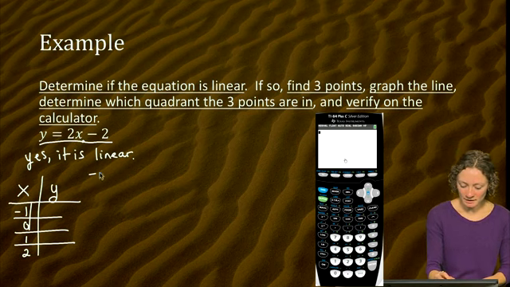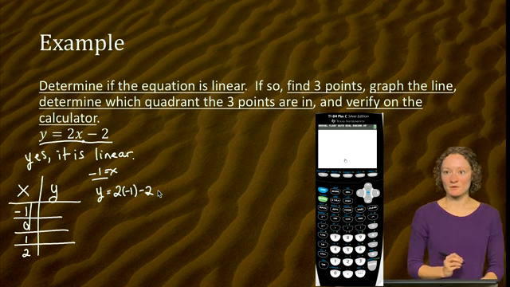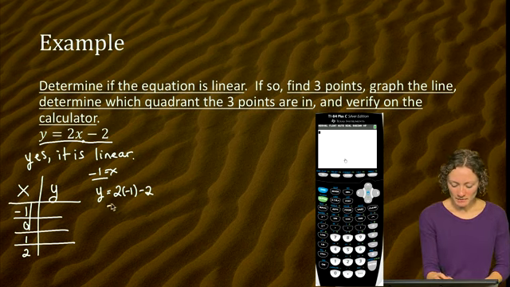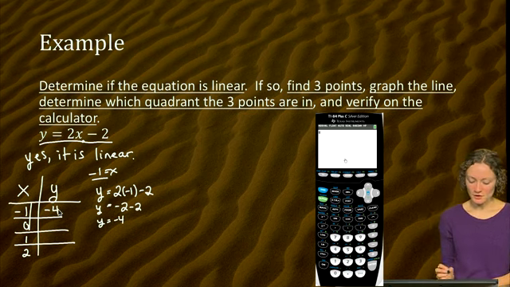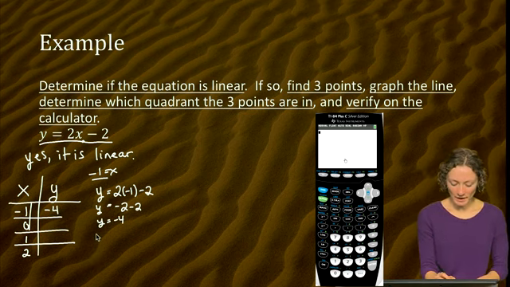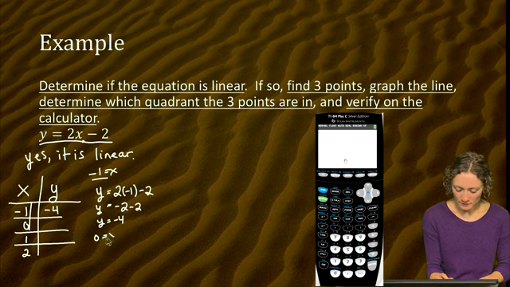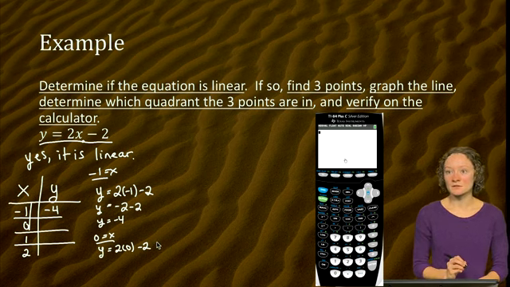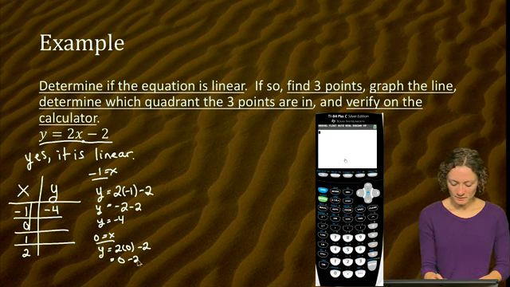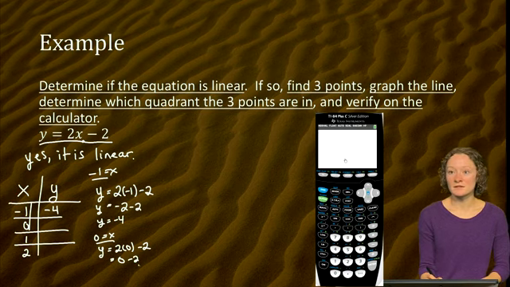So if I plug in -1 for x, what do I get for y? 2 times -1 is -2, minus 2 is -4. So there's our first ordered pair. Okay, let's plug in 0. If we plug in 0, what do we get? 0 minus 2, which is -2.